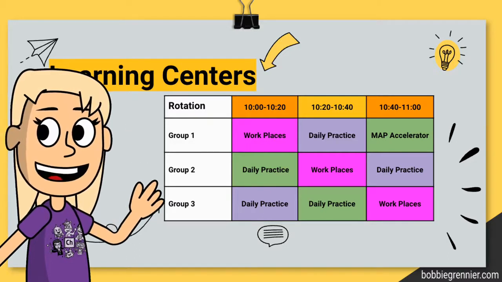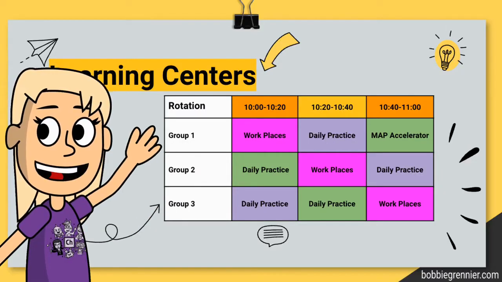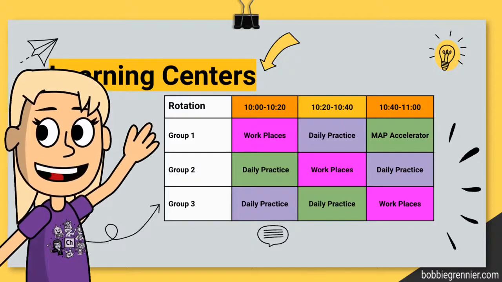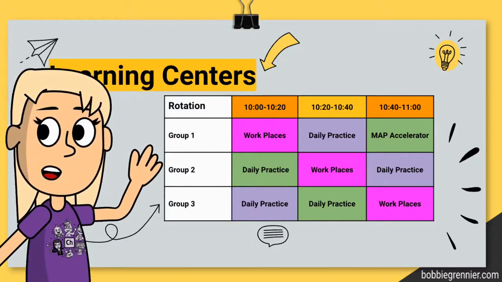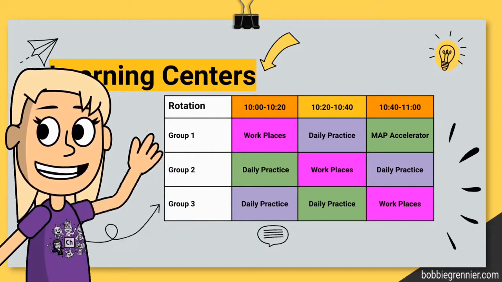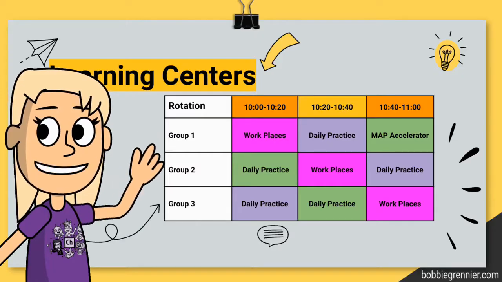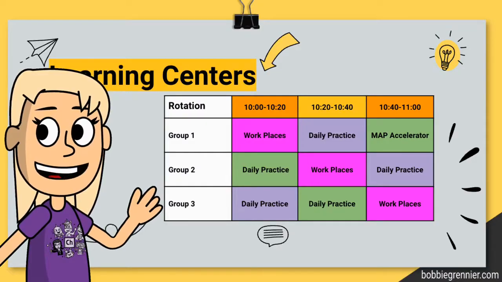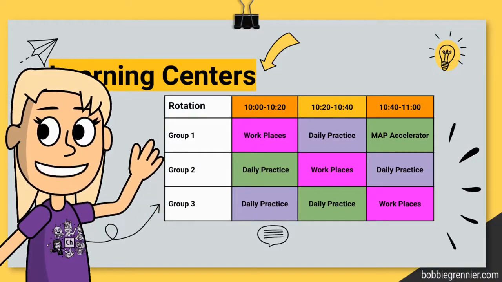So if you had a smaller class, like a third grade class of 24, this could be really workable for you. Might be a little more difficult with a larger class. If you had 4th and 5th grade, you could get up to like 35 students in a classroom, and this would be a little bit more difficult. So you might want to go to the 4-group rotation.